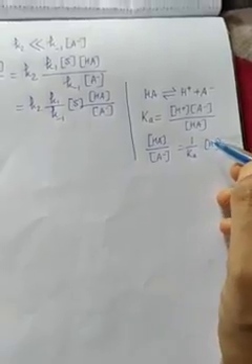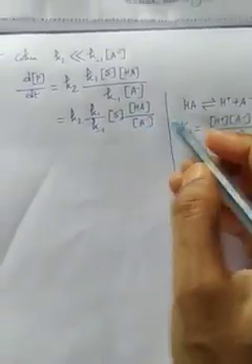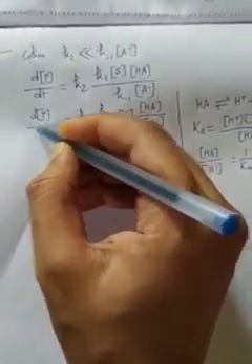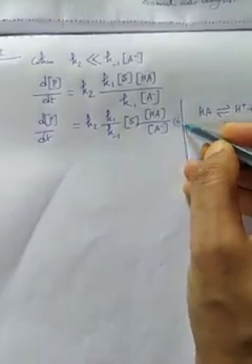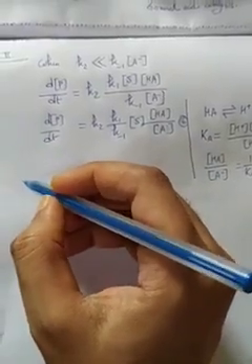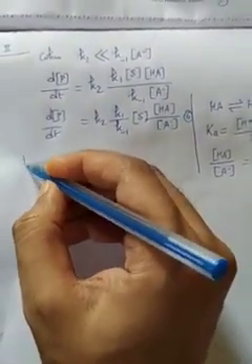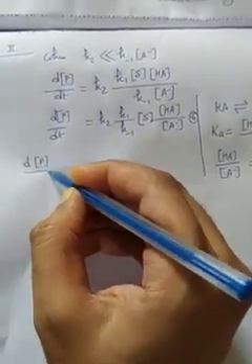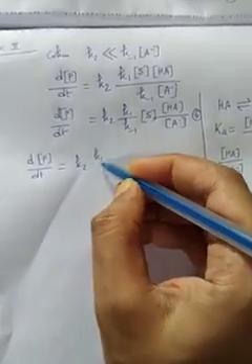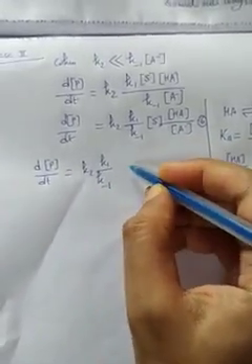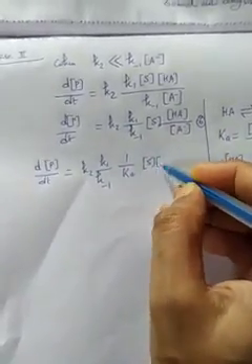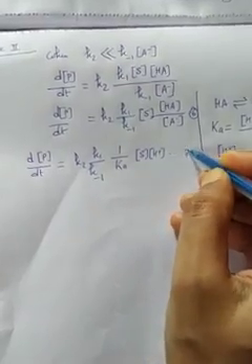Now substituting this value into this equation, suppose this is equation number 6. So substituting this value into equation number 6, we are going to obtain equation number 7.